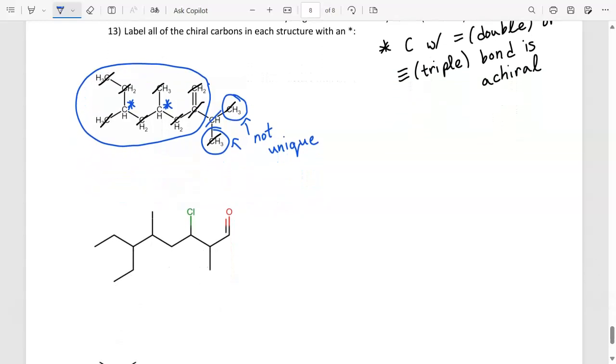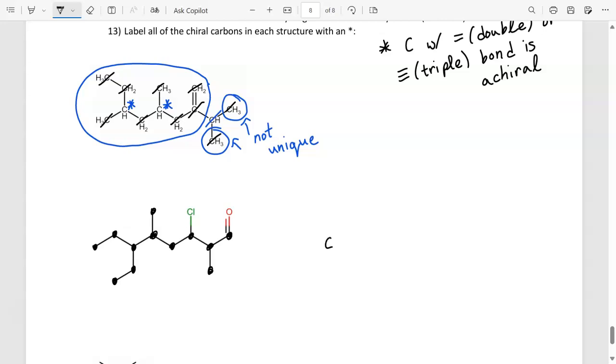Now, just like always, I'm going to find it easiest with a skeletal structure to go through and put my dots so that I know where the carbons are. And because I'm so interested in the number of hydrogens, I think it will help, if you're struggling with chirality, to take a skeletal and turn it into a condensed. So we're going to try to do that real quick.